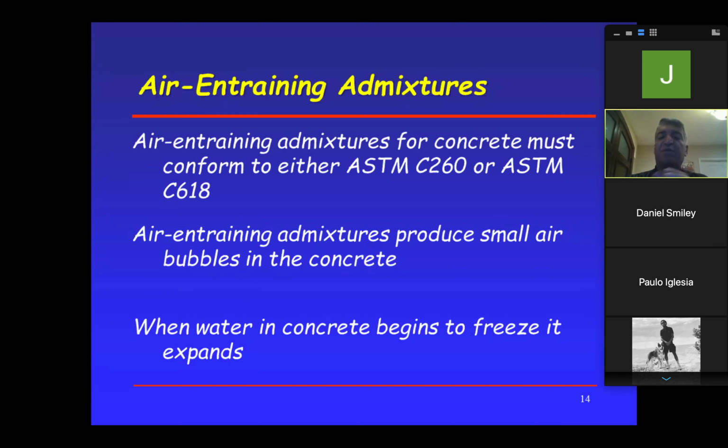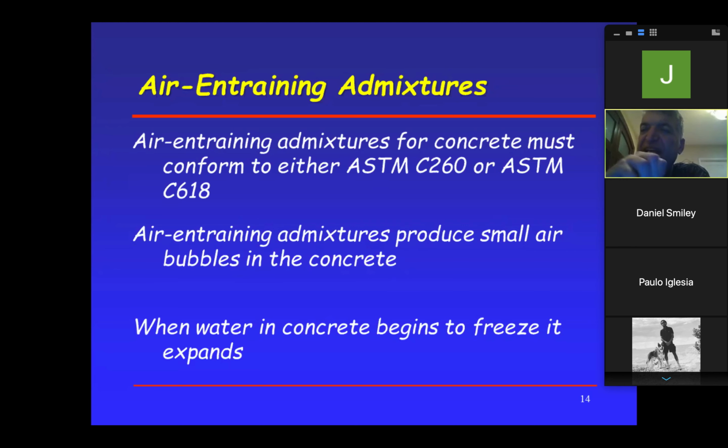So if the concrete roadway or bridge is wet, those molecules of water are going to go through the porous parts of the concrete. They're going to go inside, and what happens? They're going to freeze.